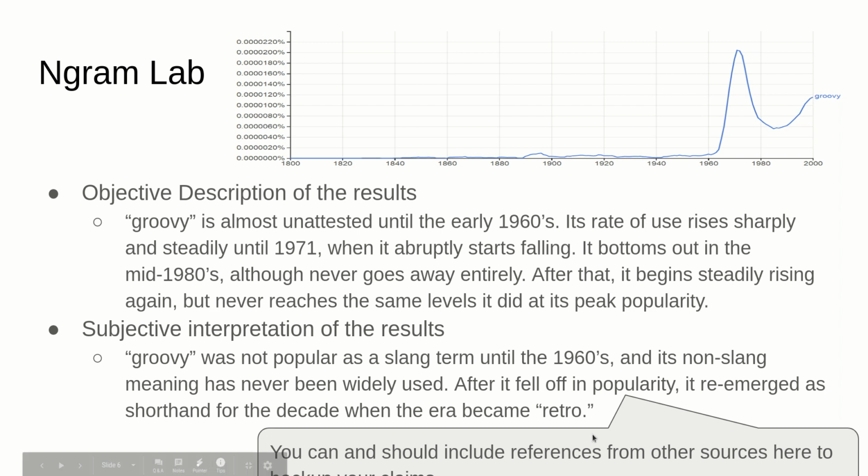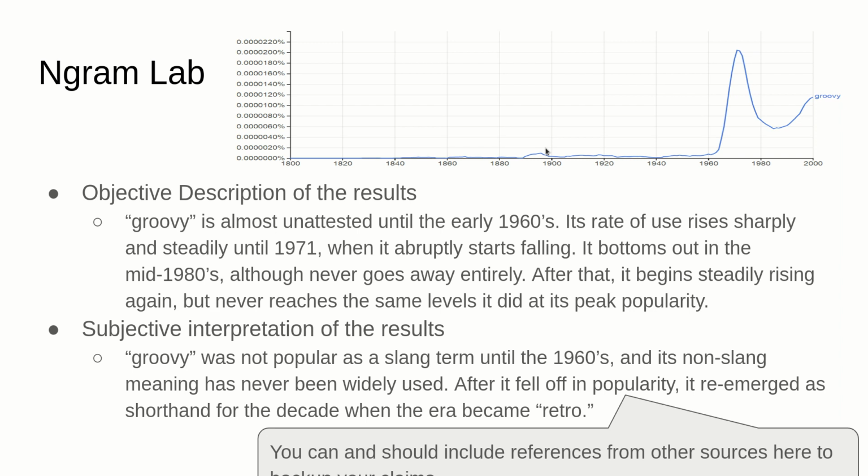Now, that said, we shouldn't just wildly speculate in these cases. For example, our claim that it was not popular as a slang term, or if we were to say even more explicitly it was not used as a slang term until the 1960s, we should back that up by actually looking into the text and the research on this term and finding out when it was used in 1890.